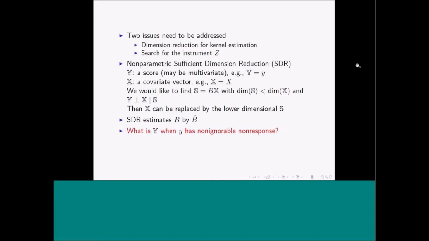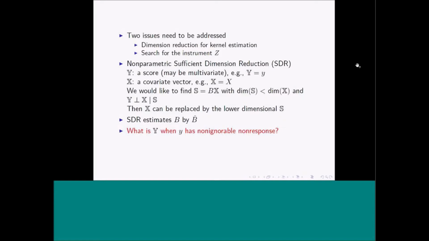So what it does is this. You have a response, called Y, and you have a covariate, called X. Typically Y is lower dimensional. Let's assume Y is one-dimensional and X is high dimensional.